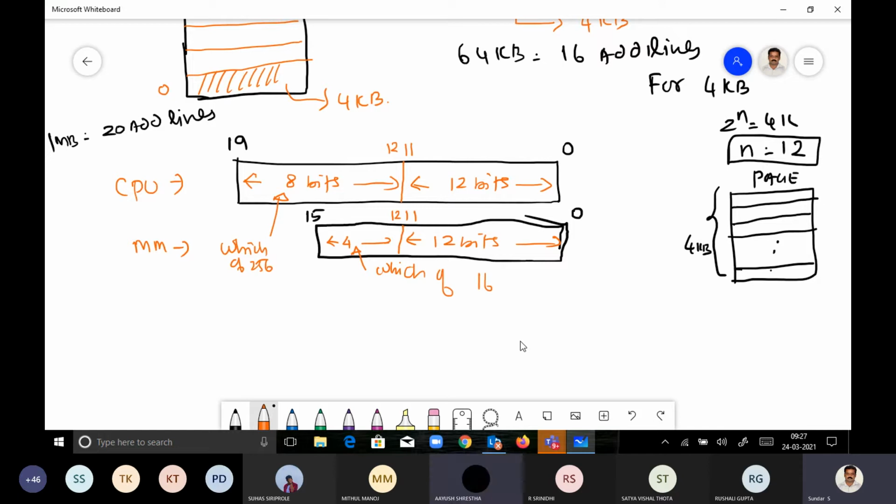I'll tell you. There are 16 pages. Is there any doubt in that? There are 16 pages.